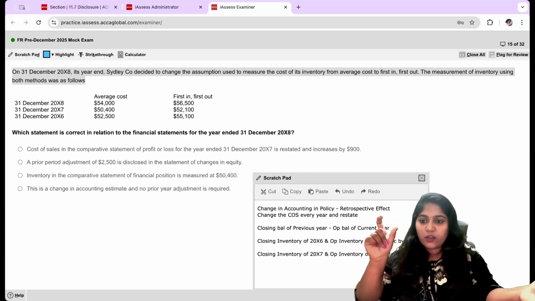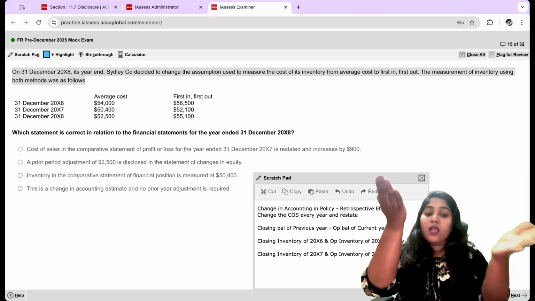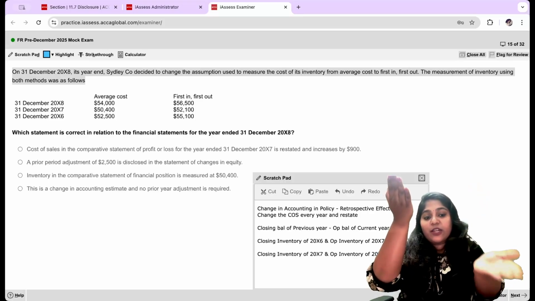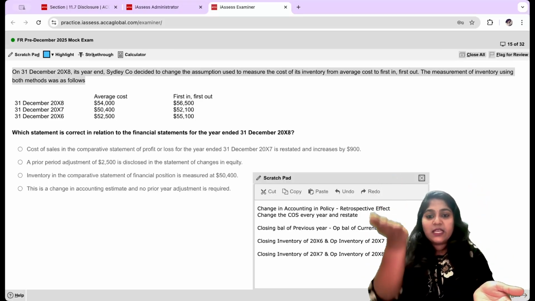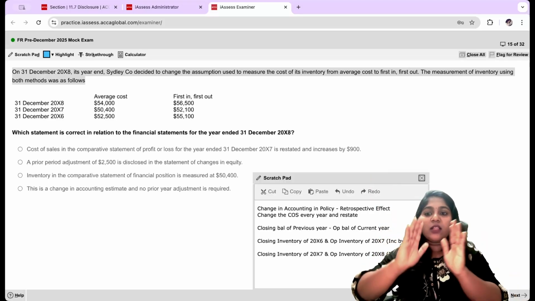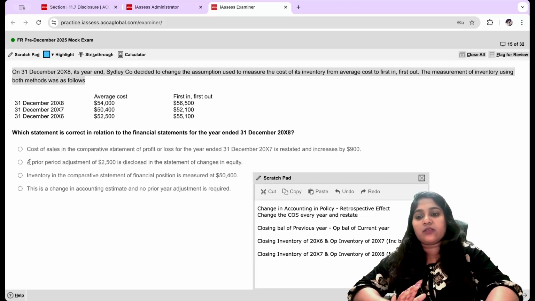So my opening inventory increased by 2,600, so cost of sales increased by 2,600, but closing inventory also increased by 1,700, so my cost of sales will reduce by 1,700. Increased by 2,600, reduced by 1,700. That means my cost of sales overall should increase by $900. That should be the answer.